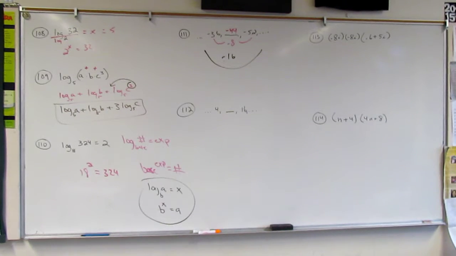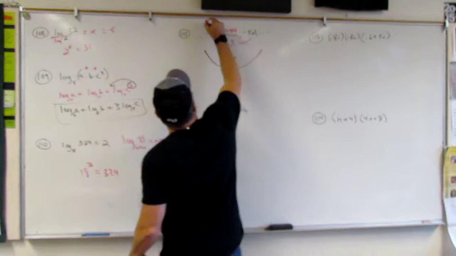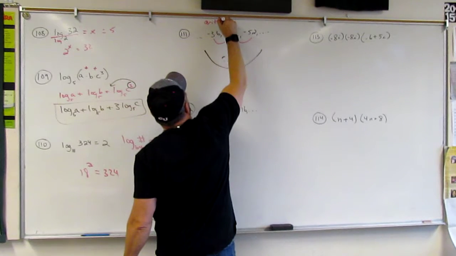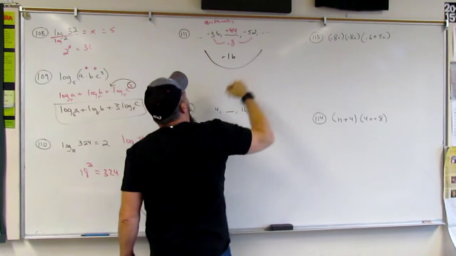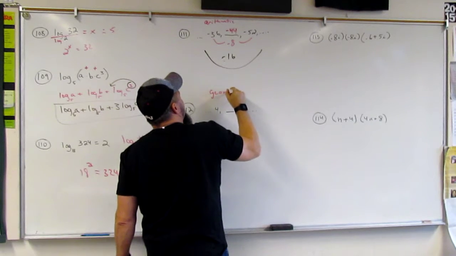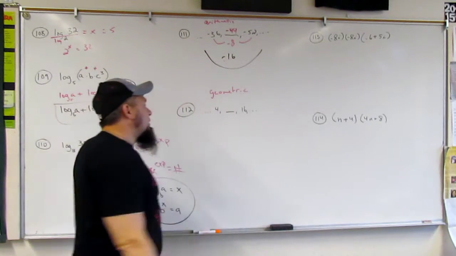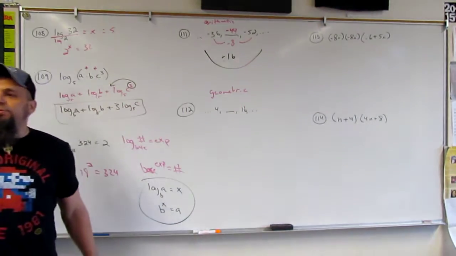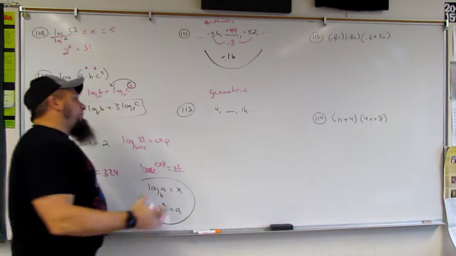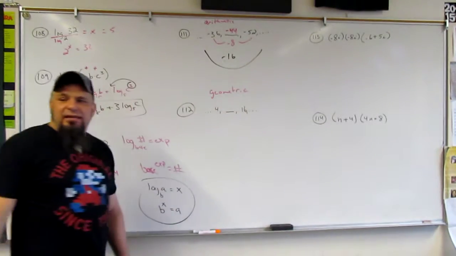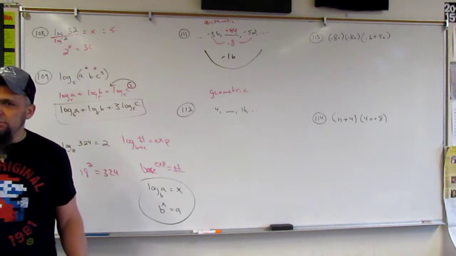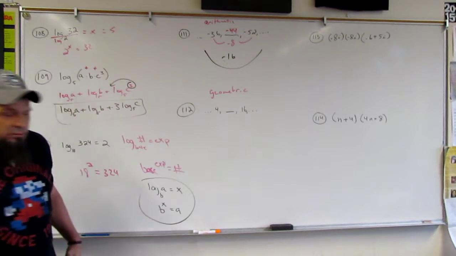All right, so this one is geometric. So remember, this is arithmetic. This is geometric. Okay, so that means multiplying. So 4 times what is 16? 4 times 4, right?